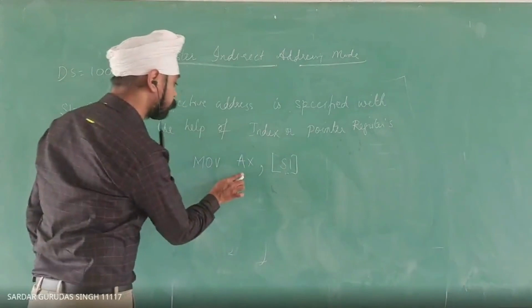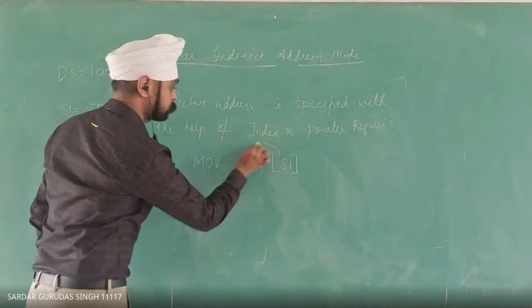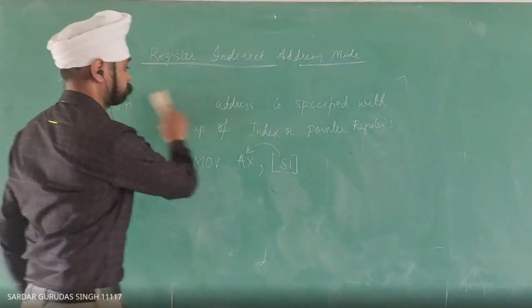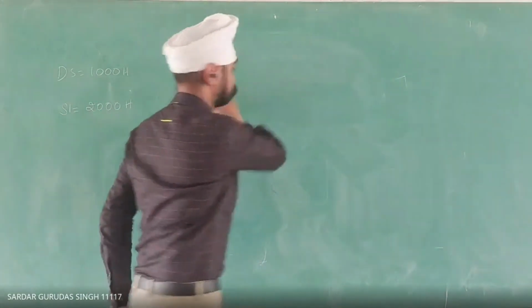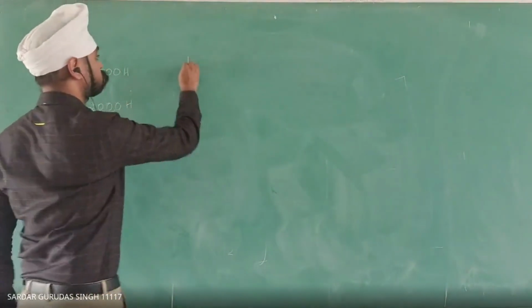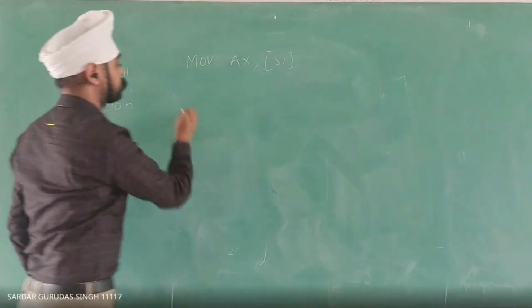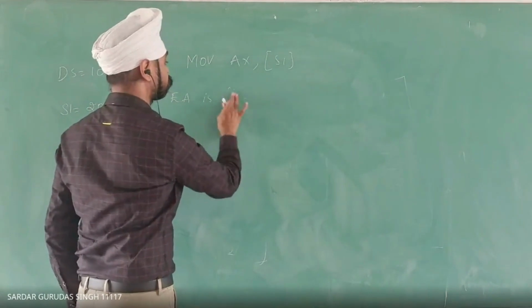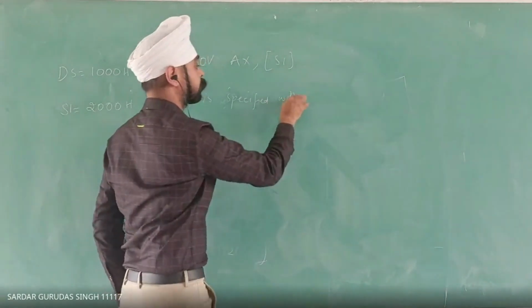2000H? No, it's wrong. In the AX, instead of this 2000, what will be going into the AX? What was the instruction? Move AX, comma, [SI]. The effective address is specified with the help of what?